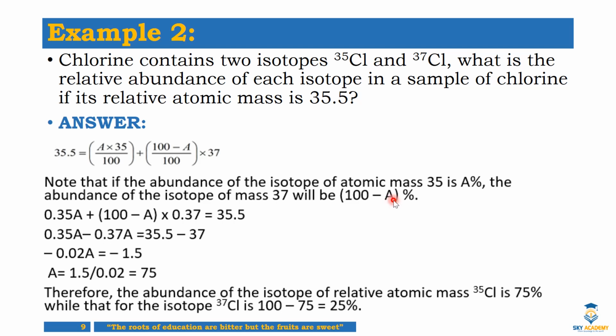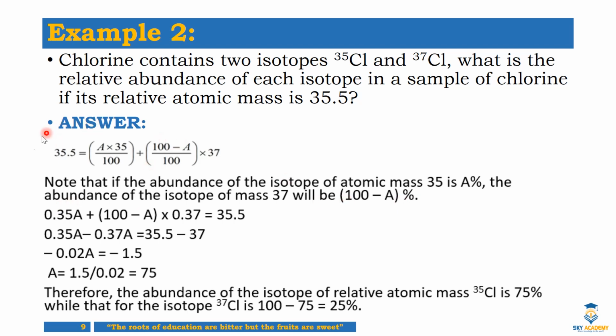You understand the formula? If the abundance 1 is 8%, it means the abundance 2 will be 100 minus 8%, because we said that the abundances have to be 100. And then we replace in the formula.